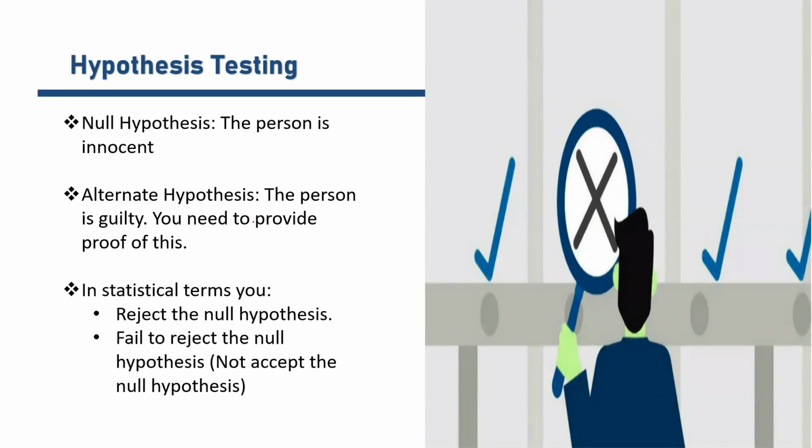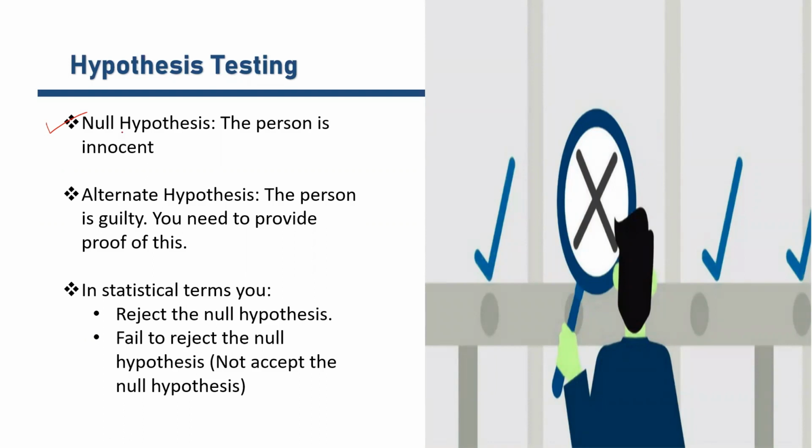So if you look at this particular slide, what you can understand is the null hypothesis is the person is innocent, right? And the alternate hypothesis is the person is guilty. And to prove that the person is guilty, you need to provide the proof. So when we talk of rejecting the null hypothesis, and you say fail to reject the null hypothesis, that means you don't have enough proof to say that the person is guilty.